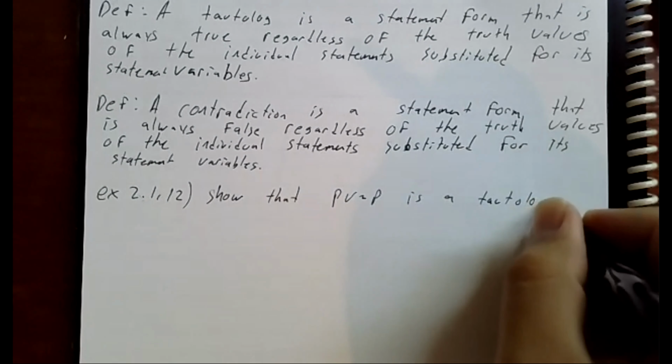So P or not P is pretty obvious if you think about it. Like if I told you right now it is raining or not raining, well, that is always going to be true, right? So that would be considered a tautology. If you use an or statement with P and its negation for any P, it's always true, no matter what value you give it.